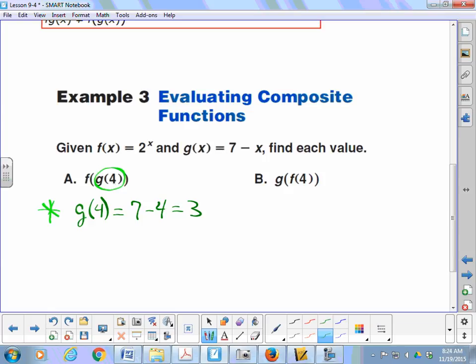Since this part inside equals 3, we're now going to do f of 3, because I just replaced the g of 4 with its value, which is 3, and then we'll do 2 to the third power, which is 8. So we start on the inside, simplify that portion or evaluate that part, and then plug that answer in for f or g, whichever one it is.